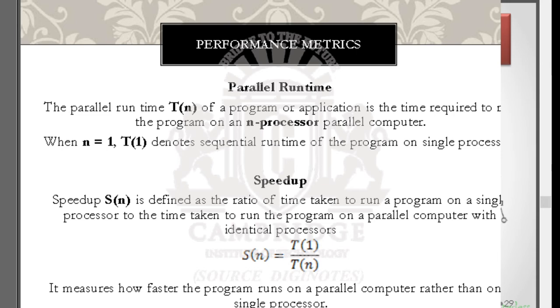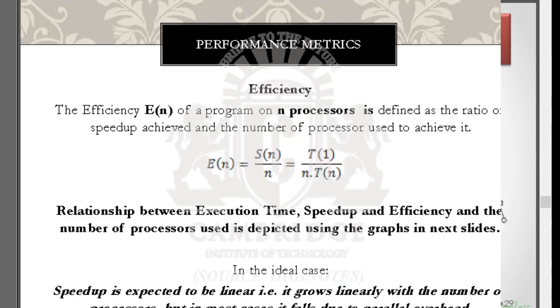And speed up is given by S of n is equal to T of 1 divided by T of n. Then efficiency is given by E of n is equal to S of n divided by n, and that is equal to T of 1 divided by n into T of n.